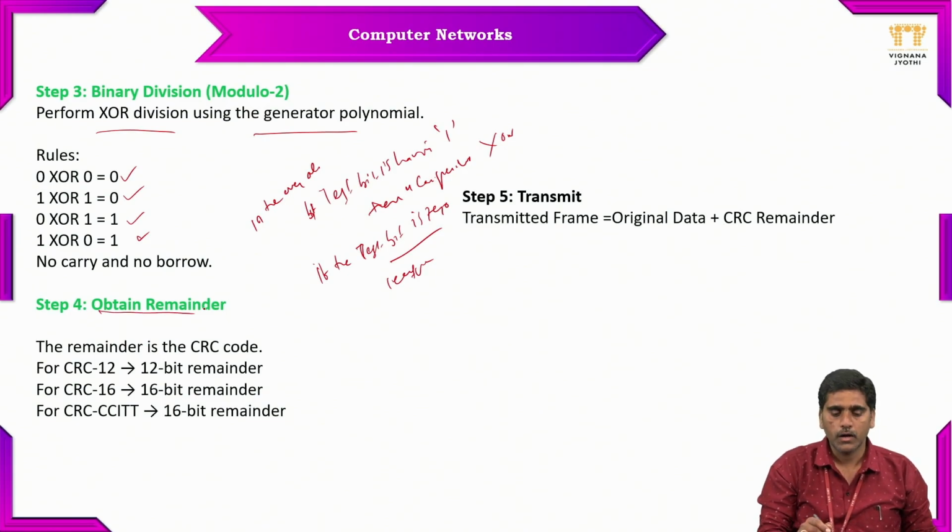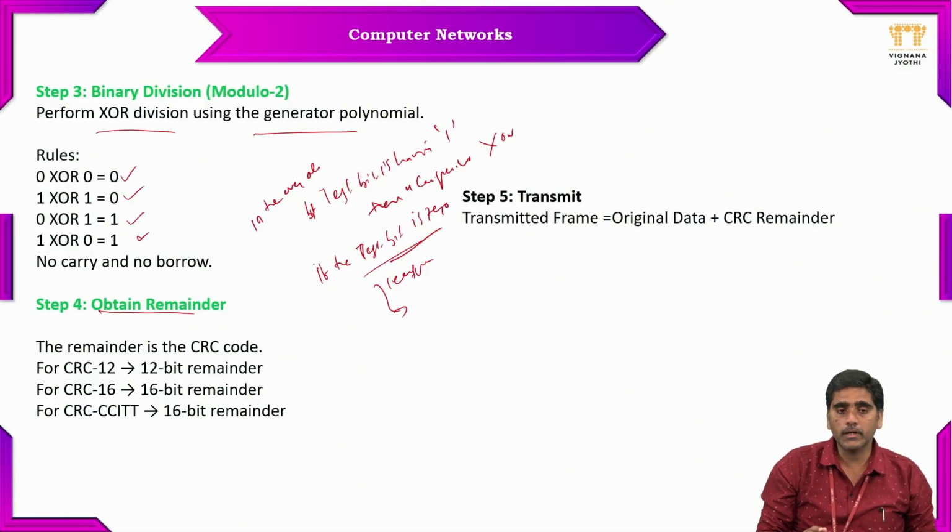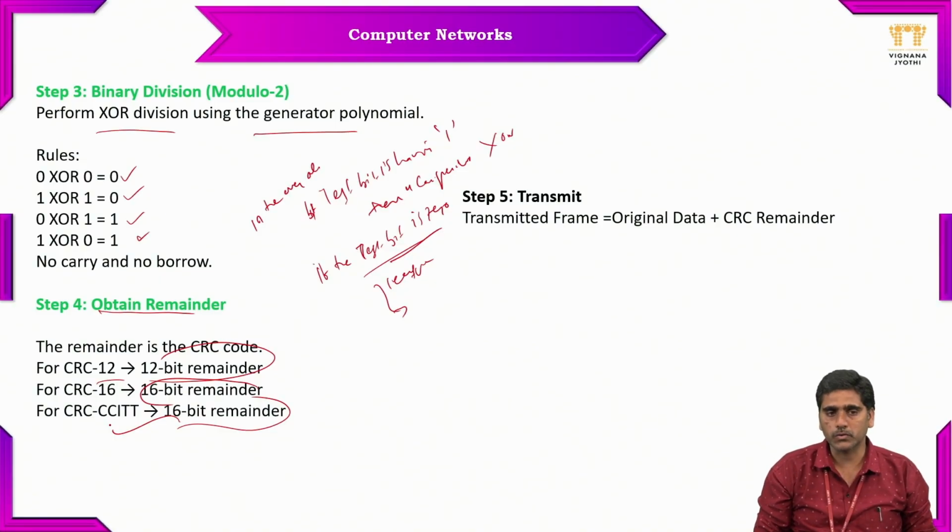Step 4 is to obtain the remainder. After doing all these left-bit XOR operations and the zero-bit skipping operations, the obtained remainder is the CRC remainder: a 12-bit remainder for CRC 12, a 16-bit remainder for CRC 16, and a 16-bit remainder for CRC CCITT also.